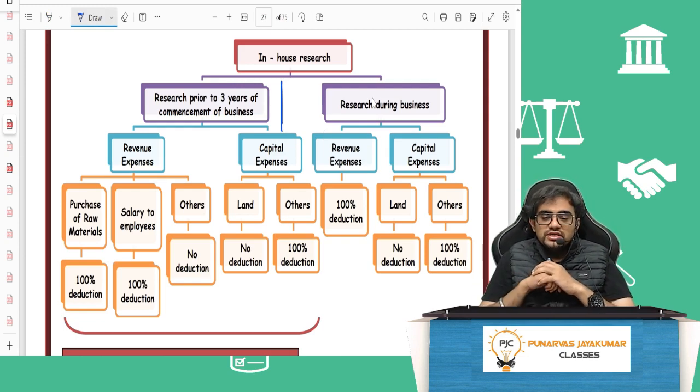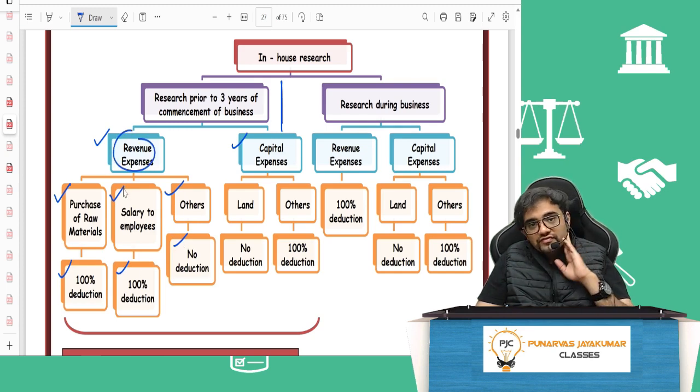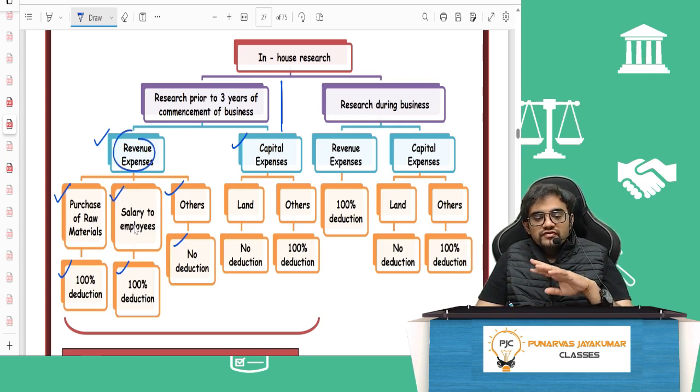Research prior to 3 years of commencement of business is what? One is revenue expenditure, one is capital expenditure. Revenue expenditure: you have purchase of raw material, 100% deduction. Salary to employees, 100% deduction, and others, no deduction. Mind you guys, these are all revenue expenditure. Apart from purchase of raw material and salary to employees, nothing is allowed until the business is commenced.